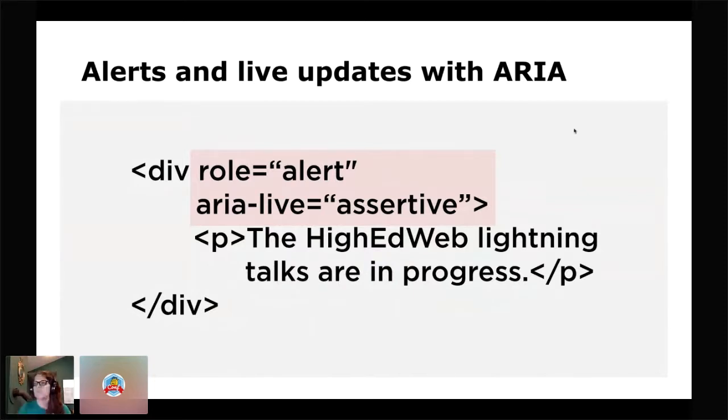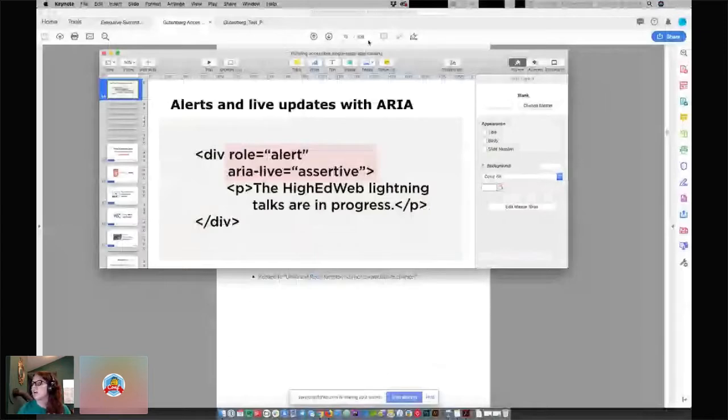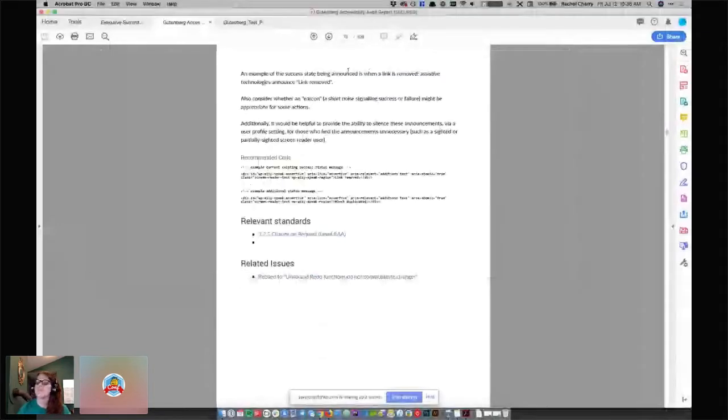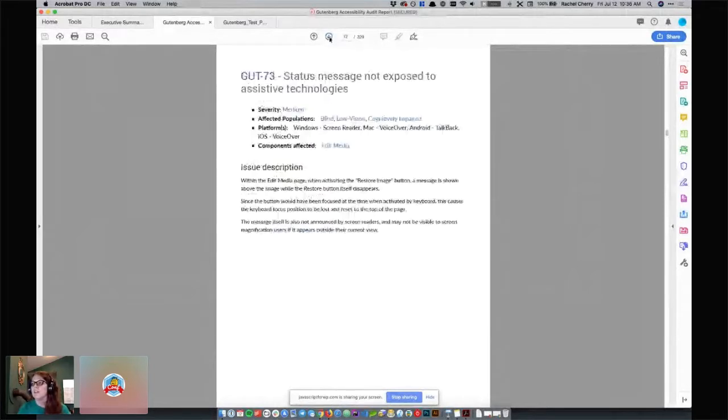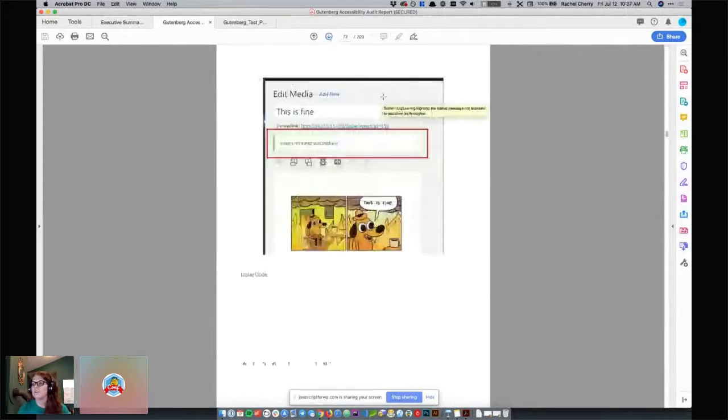So ARIA is really important for you to dive into as a JavaScript developer to make your apps even more accessible to those who don't consume your app visually. So you'll see a lot of these in the report in the sense of there's a lot of information that just wasn't exposed to the screen reader. For example, in this example, they would tell you that an image was restored successfully in this little pop-up.